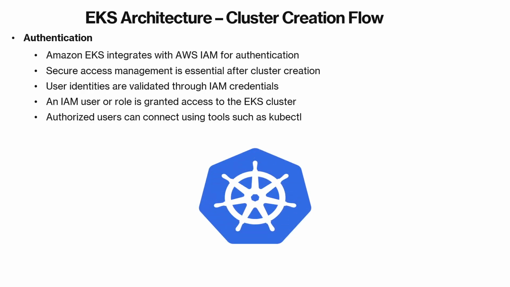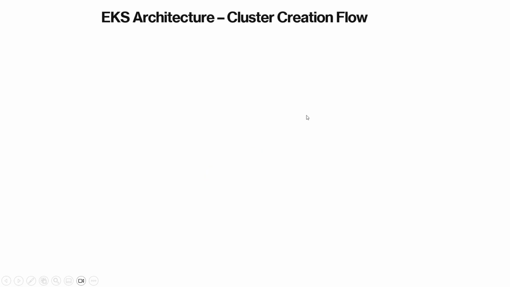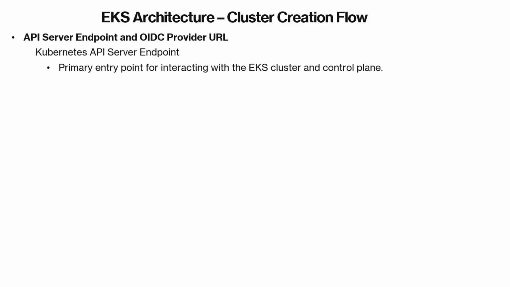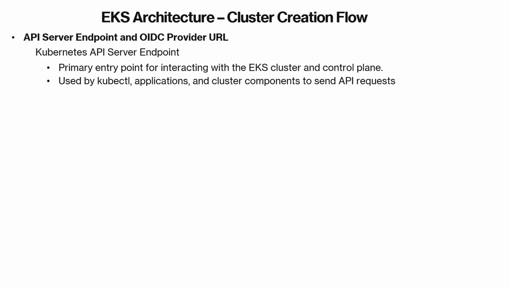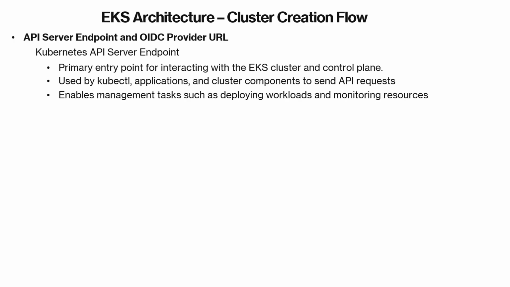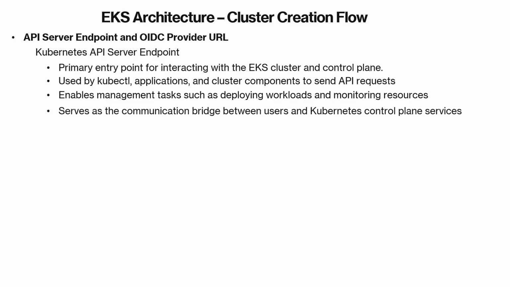Once the authentication is set up, two key components become important: the Kubernetes API server endpoint and the OIDC provider URL. The API server endpoint is the address kubectl uses to connect to your EKS cluster. All authenticated requests, like listing pods or deploying apps, are sent through this endpoint to reach the control plane.